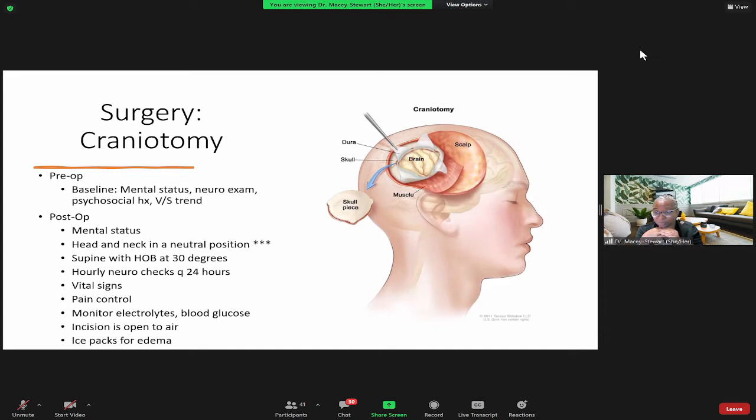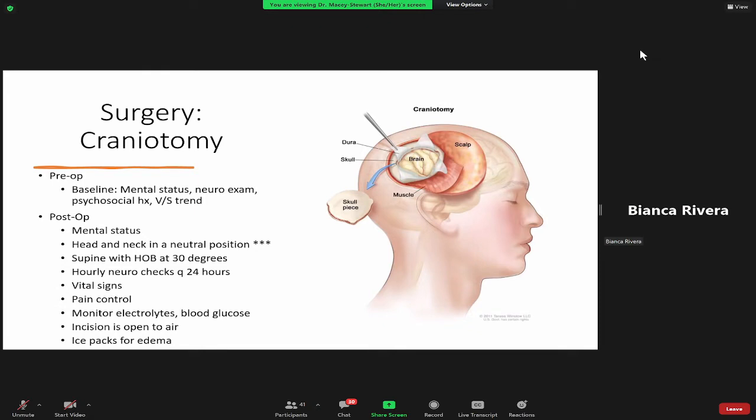It can cause issues with your sodium. It can cause diabetes insipidus. I have a pituitary tumor. So if stuff presses on your pituitary gland, it can also have a stalk effect where it releases all kinds of hormones like prolactin and thyroid stimulating hormone.